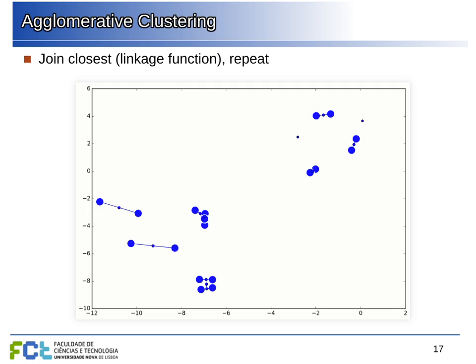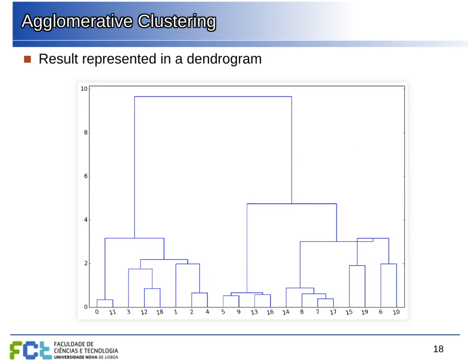And as we rise in the tree, we start grouping things into larger groups. If we represent this as a dendrogram, we see these were the first clusters being generated, but then we start grouping clusters of clusters and grow to larger groups at each step.